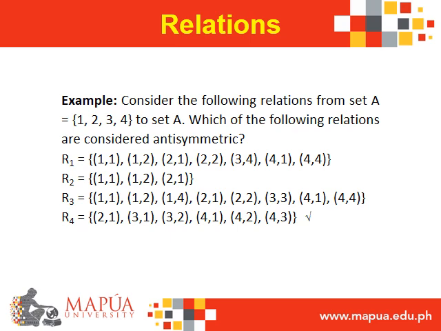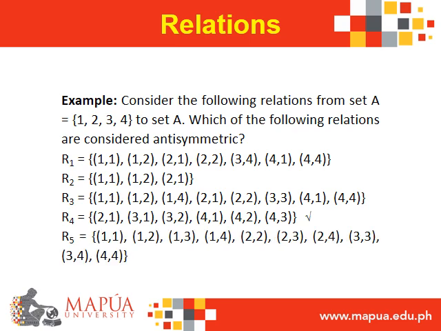If you look at R5, R5 is also antisymmetric. Looking at the ordered pairs of R5, you will notice that only elements that have equal values like 1, 1, 2, 2, 3, 3, and 4, 4 are present on your relation R5, which makes it antisymmetric.